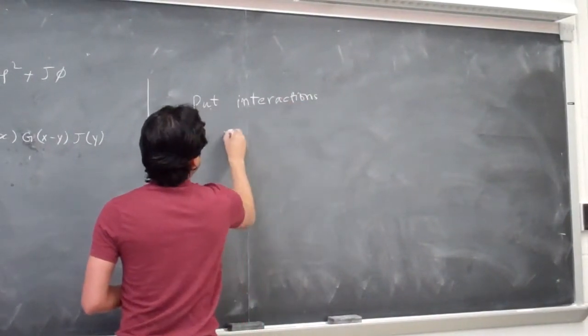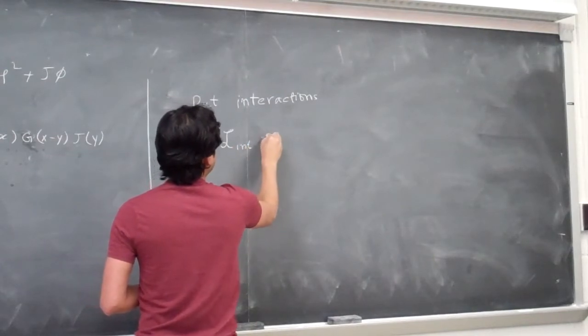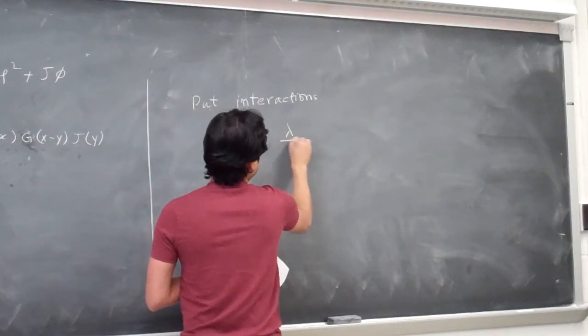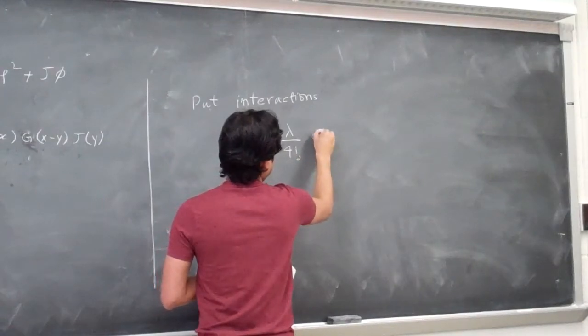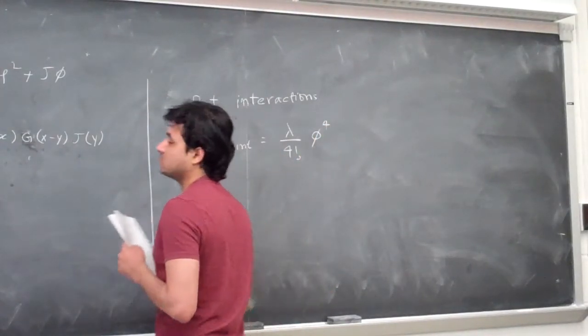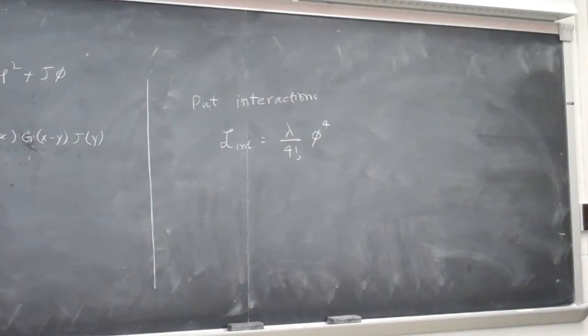For example, in the Lagrangian you can add the following term. Okay, a phi to the 4th term in the potential. This is the first case of an interaction. You can have more kinds of interaction. You can even have a phi-cubed interaction, a phi to the 5th interaction. But it doesn't change anything.